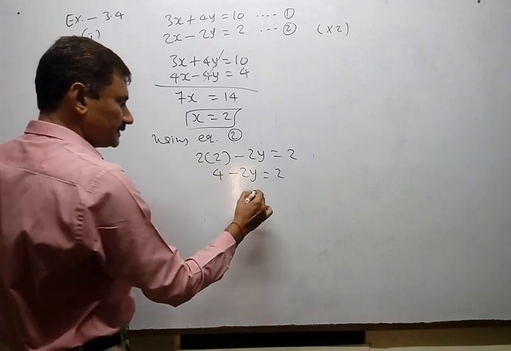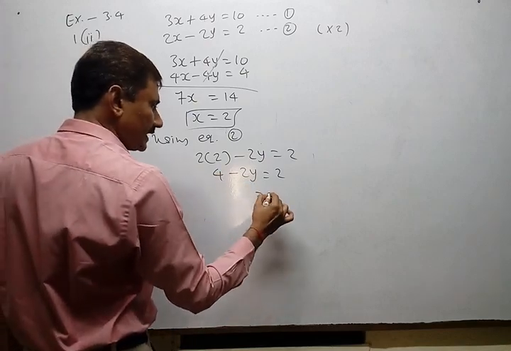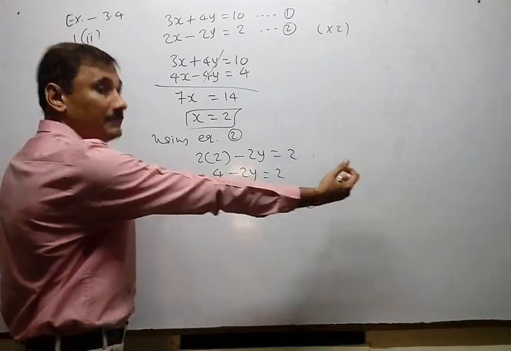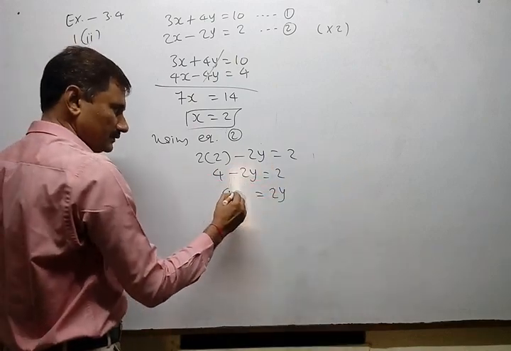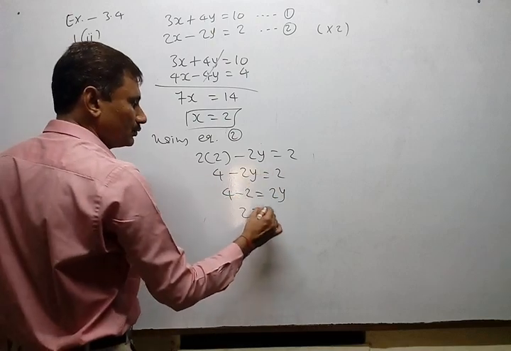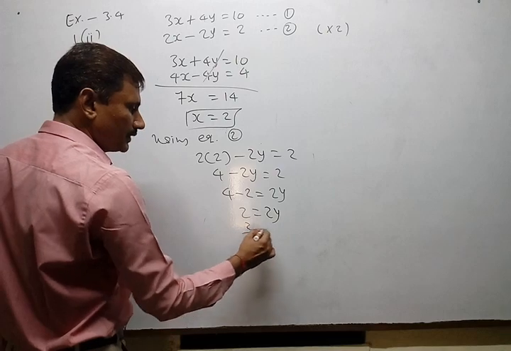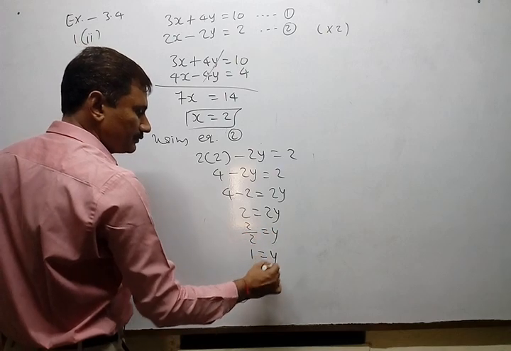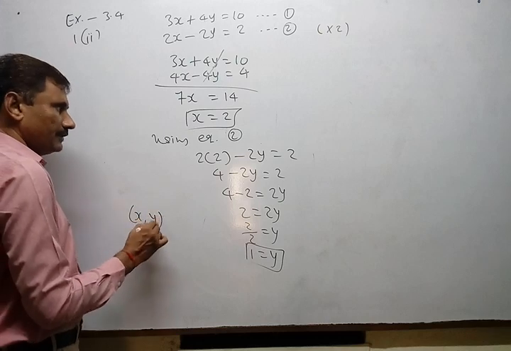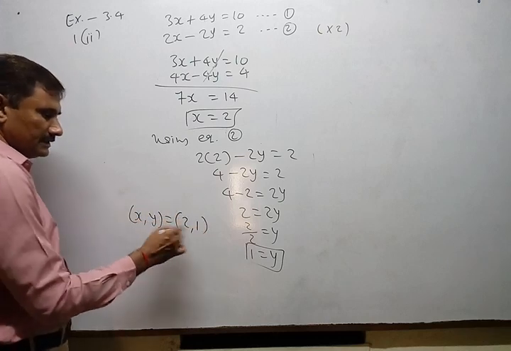So this variable itself is negative, so convert it into positive. So I shifted the variable itself. 2 comes here. So 2 equal to 2y. So 2 upon 2 equal to y. y equal to 1. Okay. So the final answer is x comma y, 2 comma 1. That is the final answer.